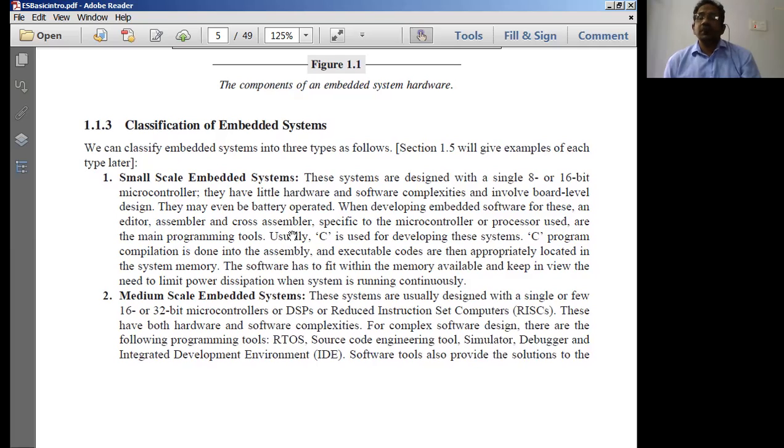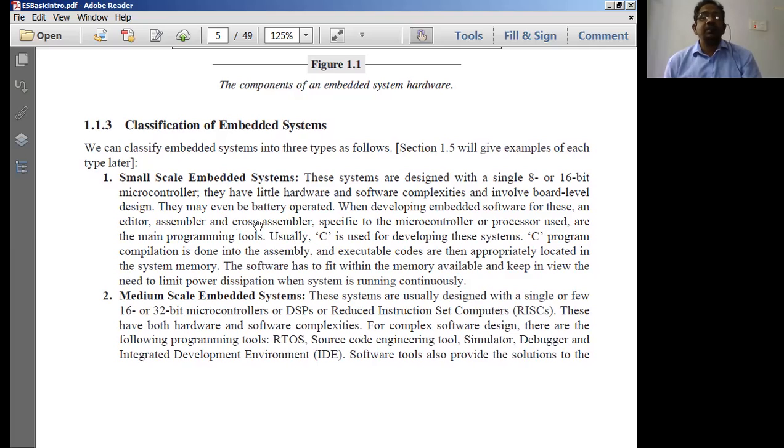Until now we just remember that microcontrollers are preferred over microprocessors. A microcontroller is a processor with many other inbuilt embedded hardware as well as software required to perform a specific task, whereas a microprocessor is not. That is the main difference between these two.